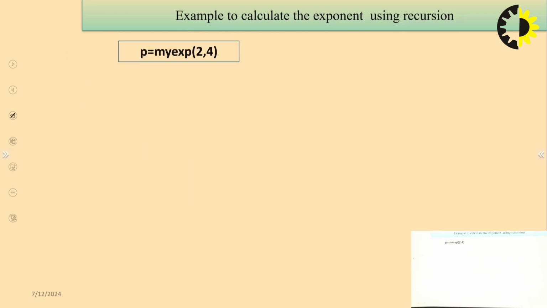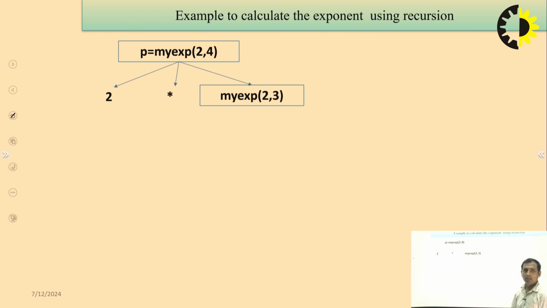We can see this with the help of my exp 2 and 4. Then 2 into the next recursive call, my exp 2 and 3.